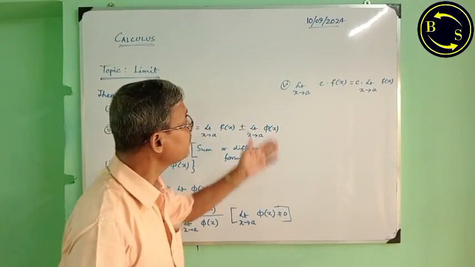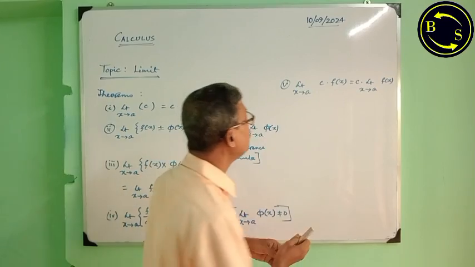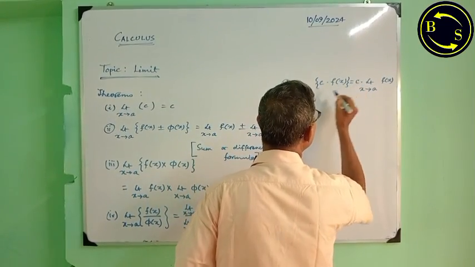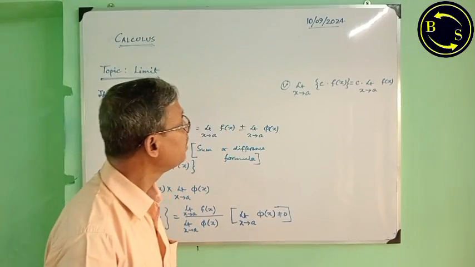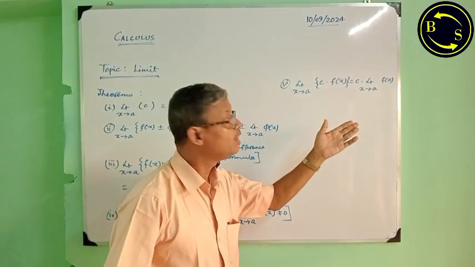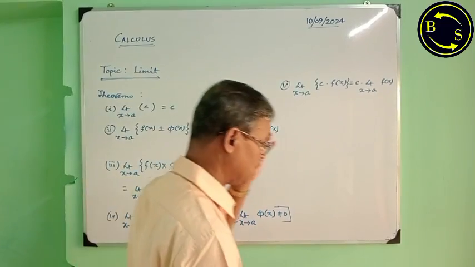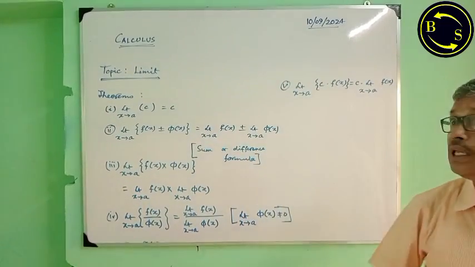If c be constant, then limiting value of the product of c and fx will be equal to c into limiting value of fx. These are the theorems to be used.